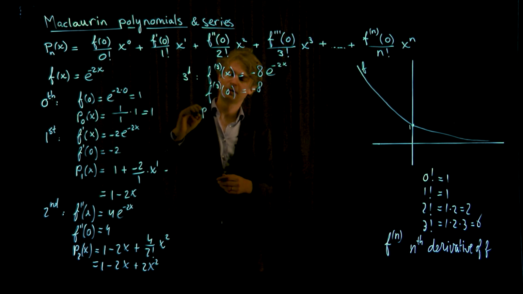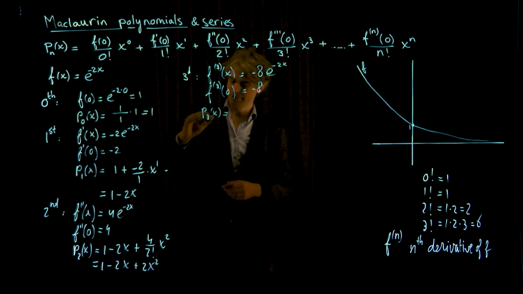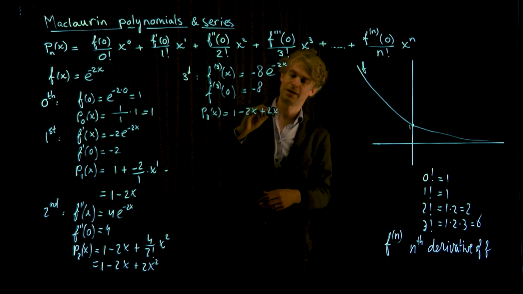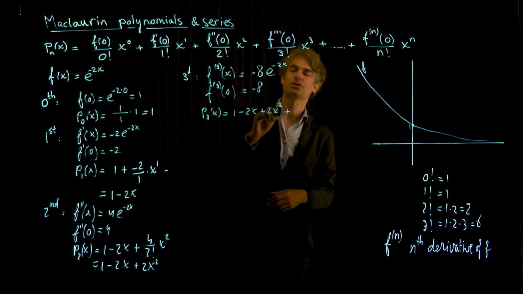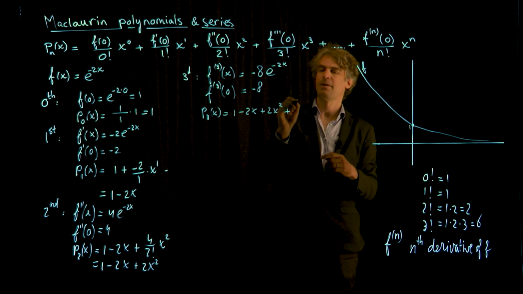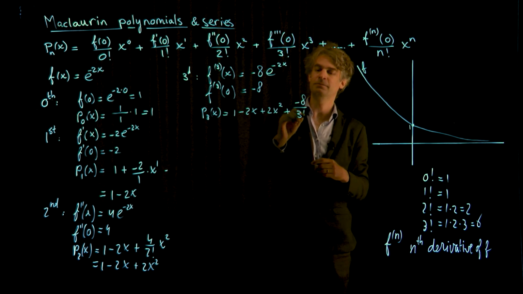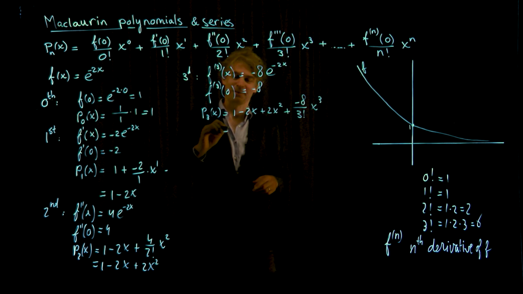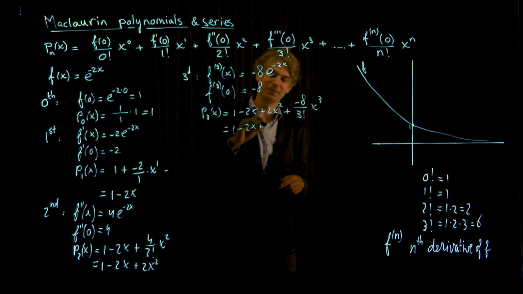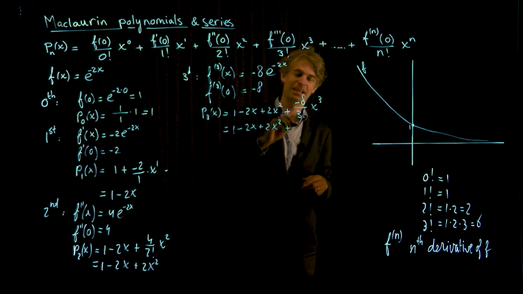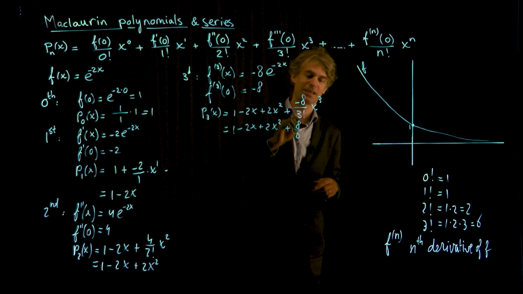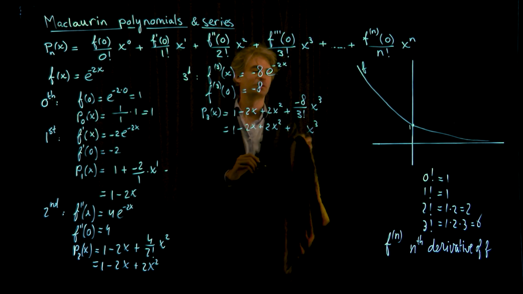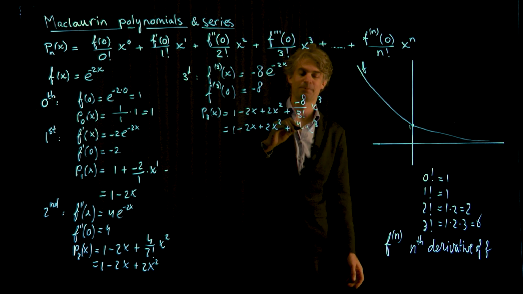And that means my third Maclaurin polynomial will be everything we already had, 1 minus 2x plus 2x squared, plus minus 8 divided by 3 factorial times x cubed, which is 1 minus 2x plus 2x squared plus 8 over 6 times x cubed. And maybe instead of rewriting the whole line, I might as well simplify this to 4 over 3. There you go.